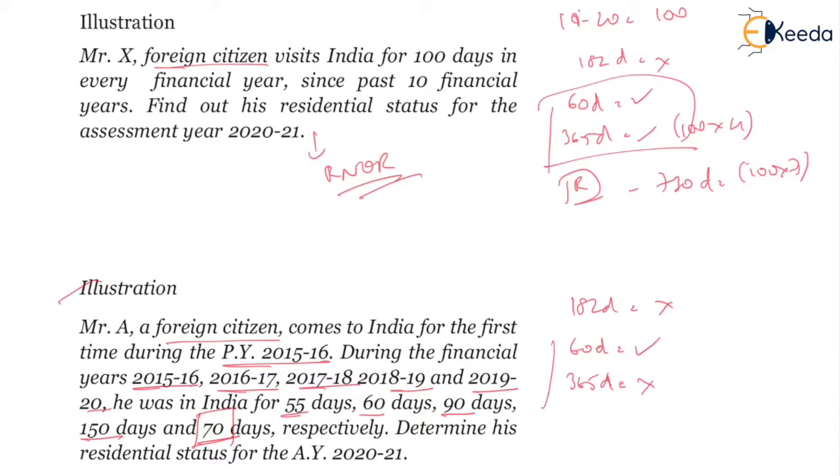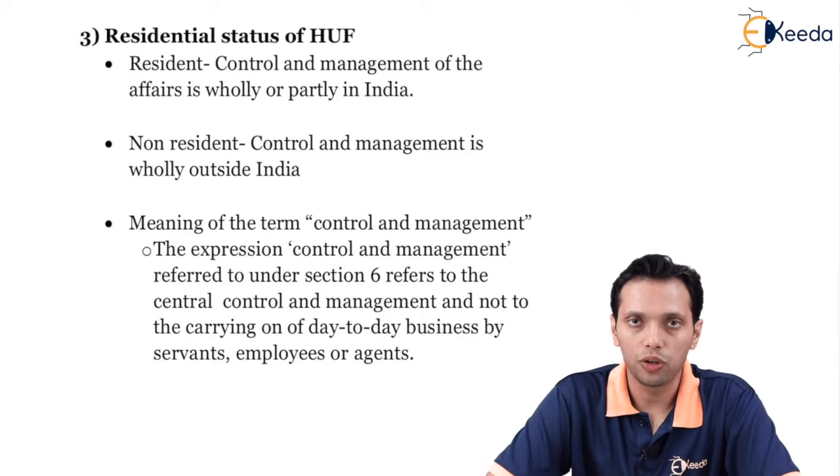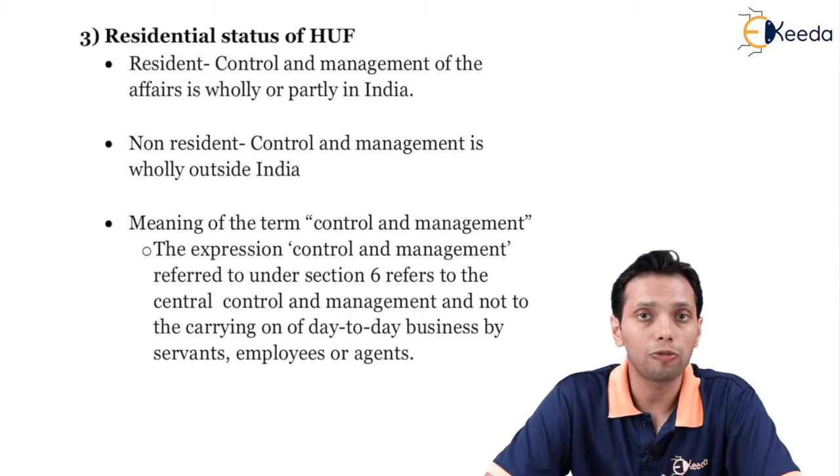So this criteria, even the 60 days criteria, is not getting satisfied, and the exception, again, to a foreign citizen won't be applicable. Accordingly, since both the conditions are not getting satisfied over here, the person will be deemed to be non-resident over here.